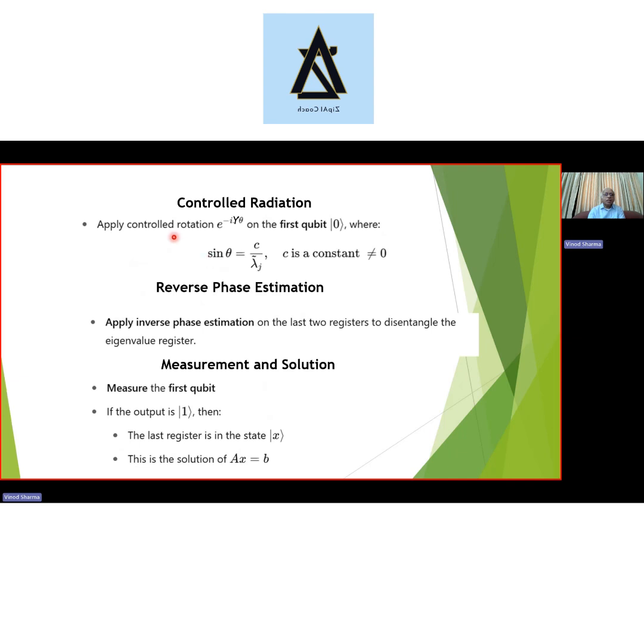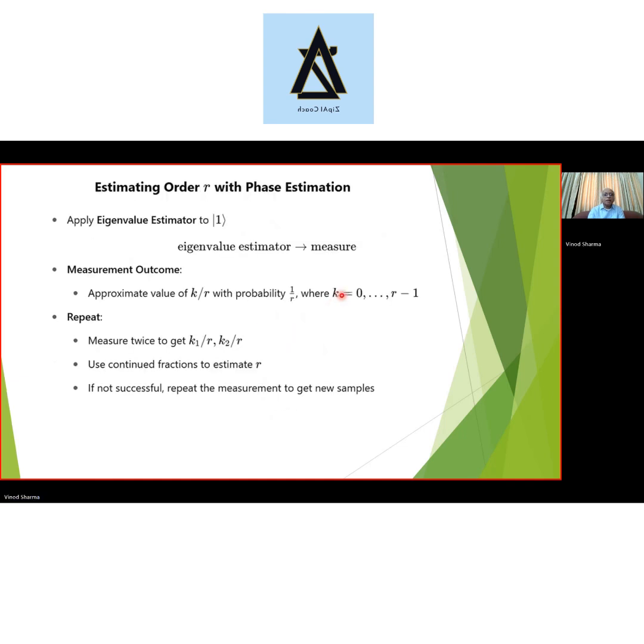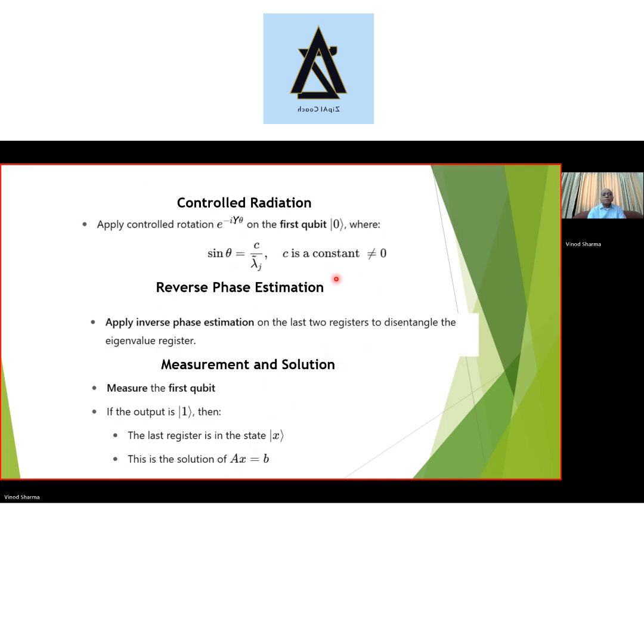Next, we apply a controlled rotation. This is e^(-iyθ), a rotation by θ on the first qubit, the |0>. Apply it on this, where sin θ is equal to c by λj tilde.